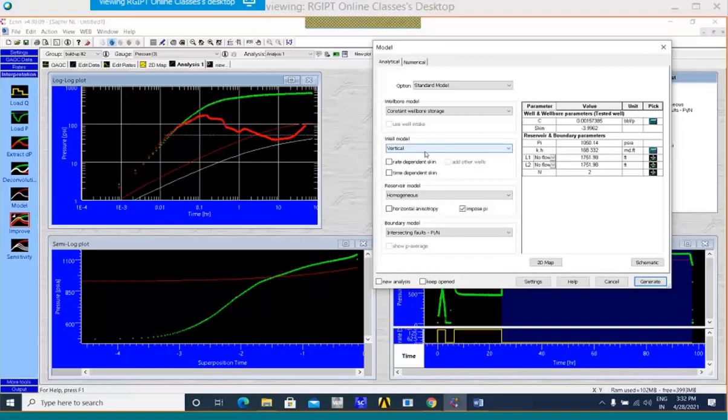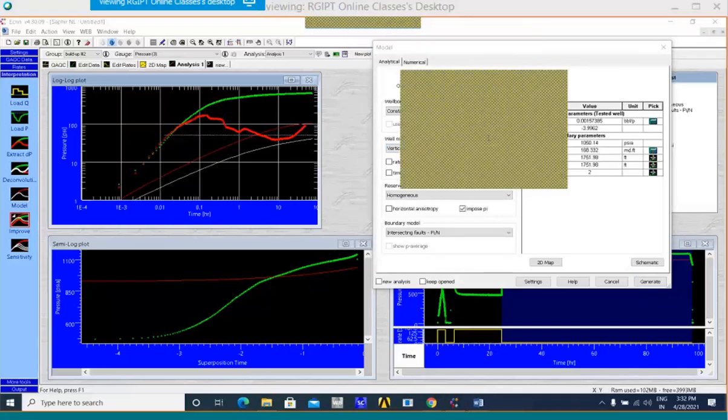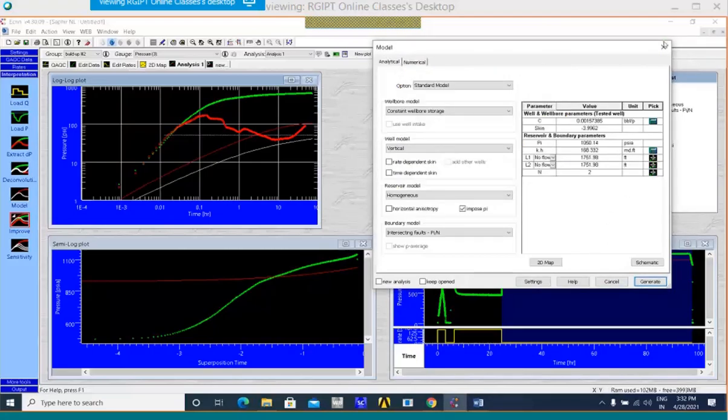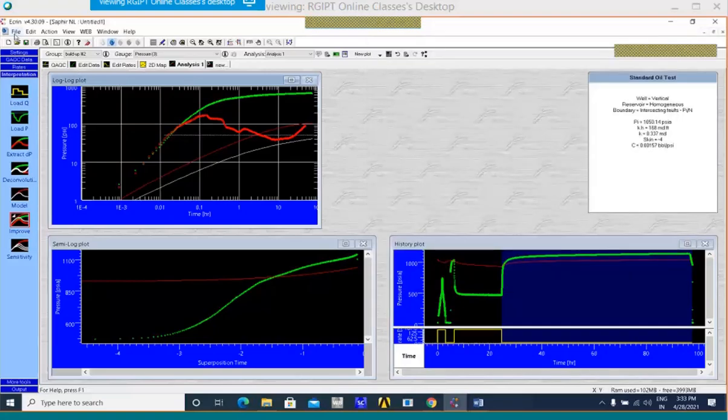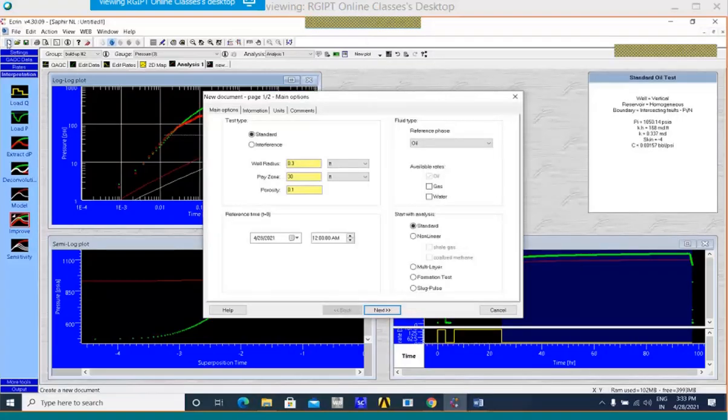Find it. Okay, what if we change to changing wellbore storage? Changing wellbore storage.